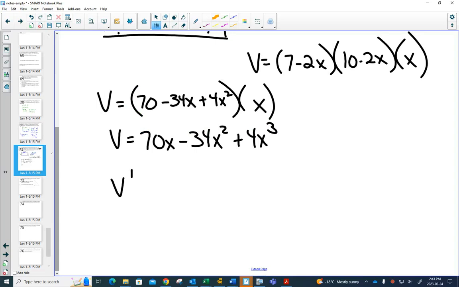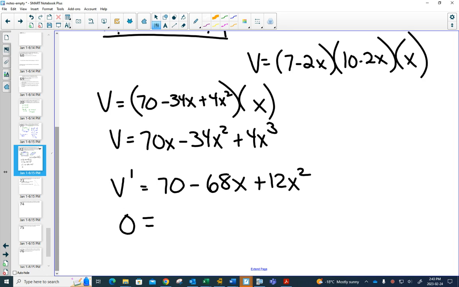So in grade 12, the best we could do for a maximum would be to use some sort of graphing technology. Now with calculus, we can find the derivative, 70 minus 68x plus 12x squared. Set this equal to 0. Notice you can factor out a common factor of 2, 6x squared minus 34x plus 35.